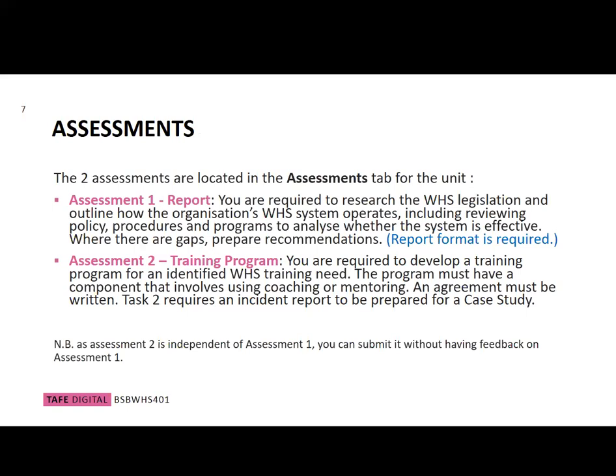To identify if they're effective, you'll need to review the legislation, both the Act, the regulations, and the codes of practice. Identify where there are gaps and prepare recommendations. There's a guide to your report format in that assessment for you.